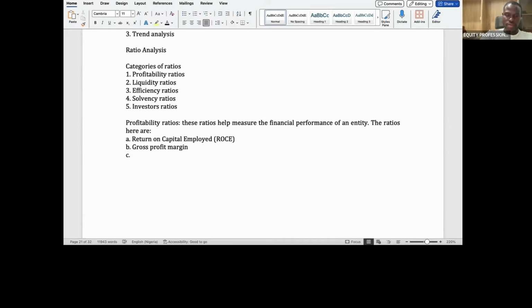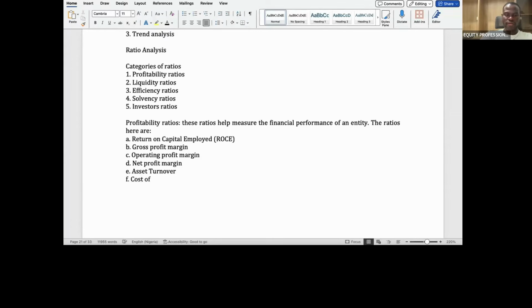The third one is your operating profit margin. The fourth one, you'll find your examiner calling it net profit margin. The fifth one, I can put asset turnover here, but usually asset turnover can also conveniently be seen as an efficiency ratio. But we can put asset turnover, we can leave it here. Let it just be there.